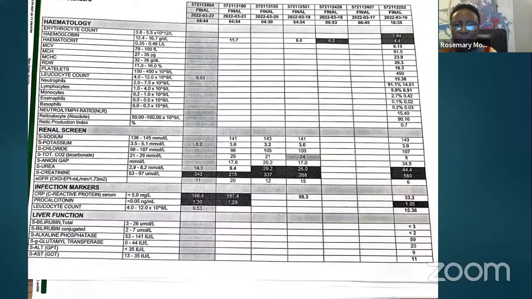And then look at the UNE when the HB is 8. You see the improvement: now the urea is 26 and the creatinine is 265 with a GFR of 15. The CRP had gone up, and as you look at the following slides, you'll see that the CRP and the PCT were going up.